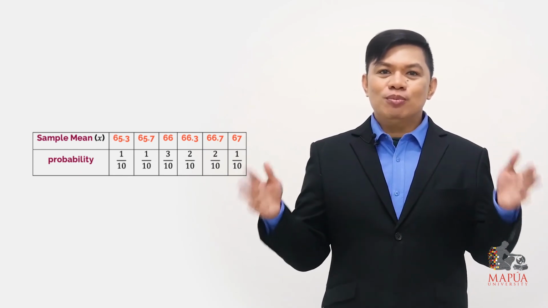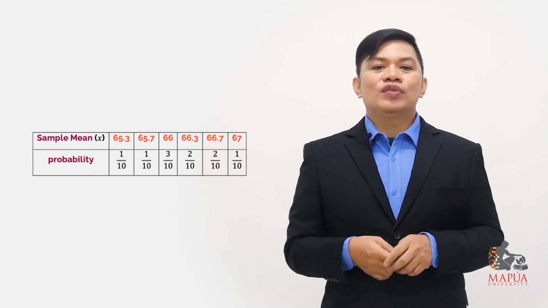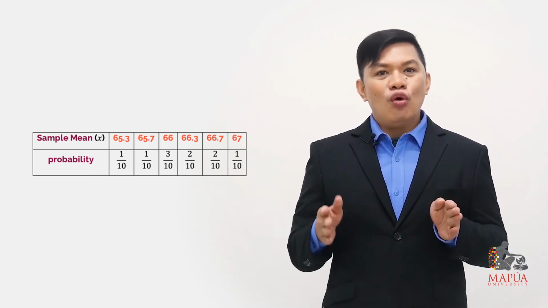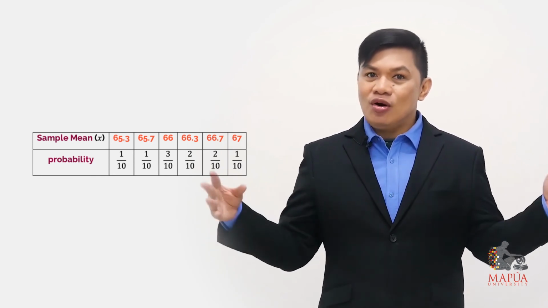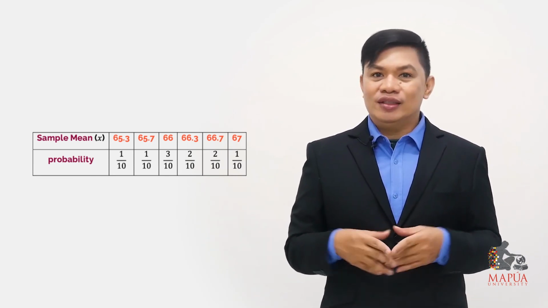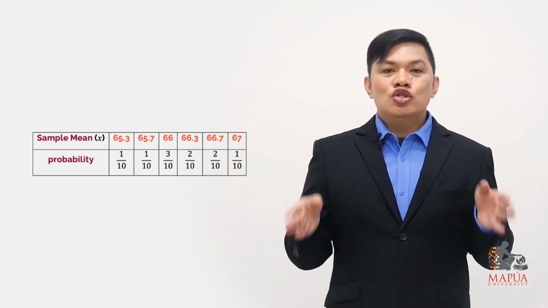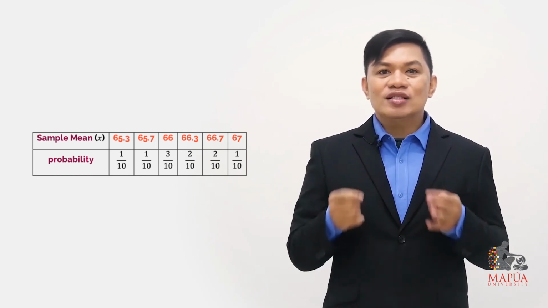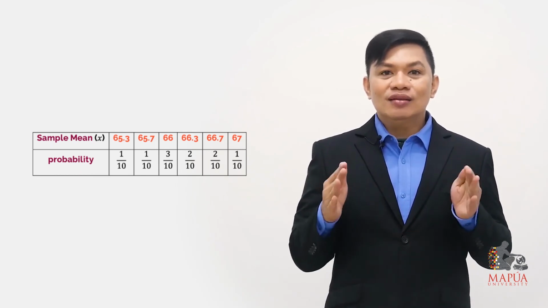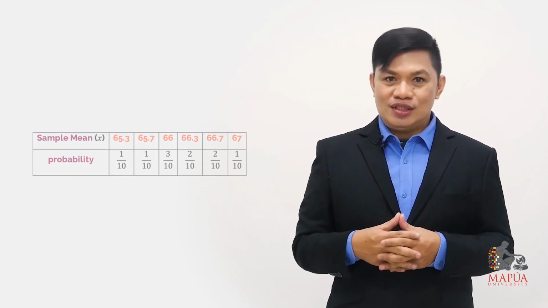If you sum all these probabilities, 1 over 10, 1 over 10, 3 over 10, 2 over 10, 2 over 10, and 1 over 10, you'll get 10 over 10, or 1. So we have a valid probability distribution. This is the sampling distribution of the average number of likes that Victor earned from his Facebook post.